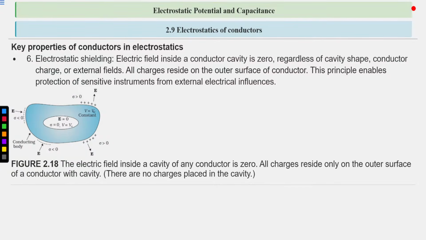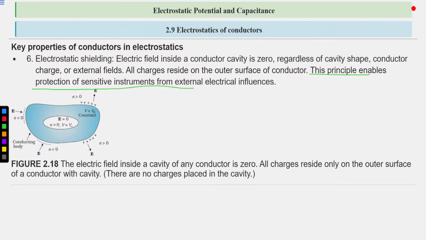So the electric field inside a cavity of any conductor is 0. All charges reside only on the outer surface of a conductor with a cavity. There are no charges placed in the cavity. Now, the other thing we have mentioned here: this principle enables protection of sensitive instruments from external electric influence. Because of electrostatic shielding, there is no electric field present inside this cavity. So we can protect the sensitive instruments used in various electronic devices, which are very sensitive to external electrostatic fields.